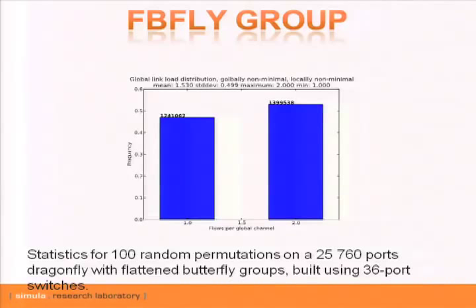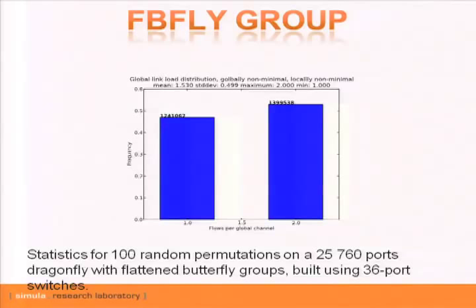And this figure here shows the load distribution of the global links. The average load is 1.53. But we see also that a significant portion of the links have a load of 2.0.